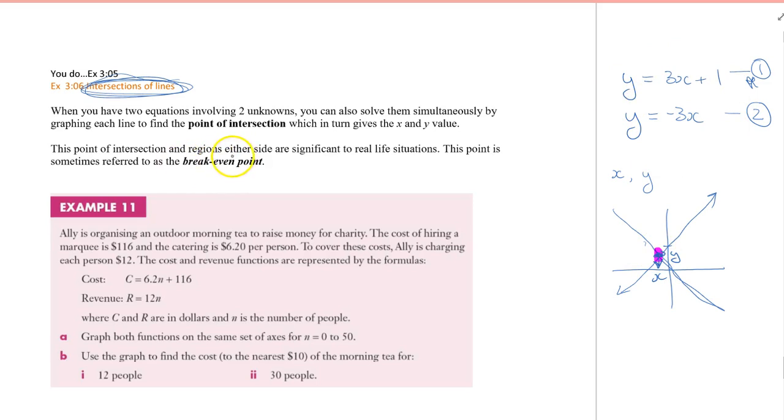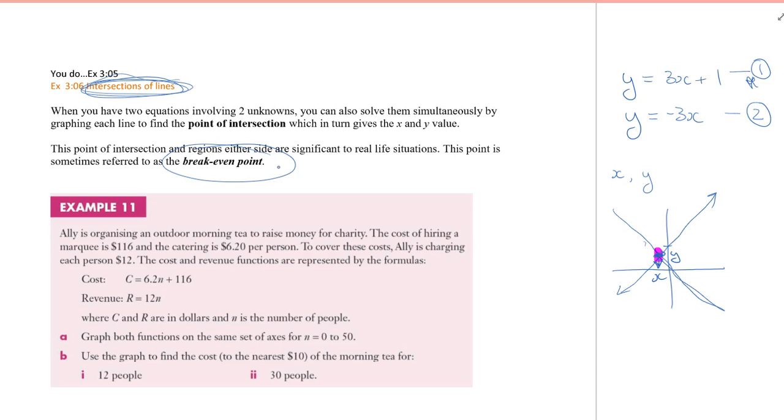This point of intersection and regions either side are significant for real-life situations. They're sometimes called the break-even point. Now, if any of you do business studies, you know that in a business, if you're only just breaking even, it means while you're not losing money, you're not making any money.